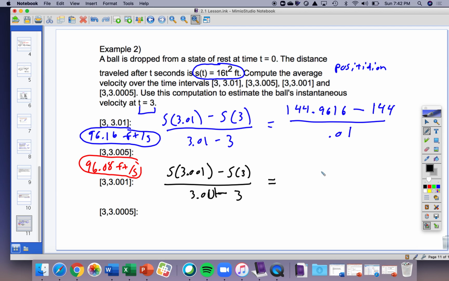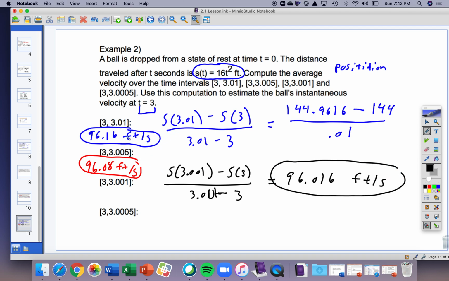And I get 96.016 feet per second. And we're getting closer. So if you're asking me at this moment, my guess is that it's going to reach 96, but let's just try it one more time.